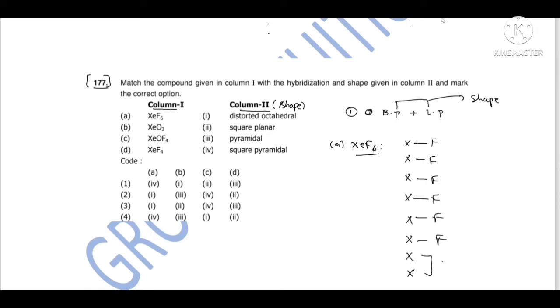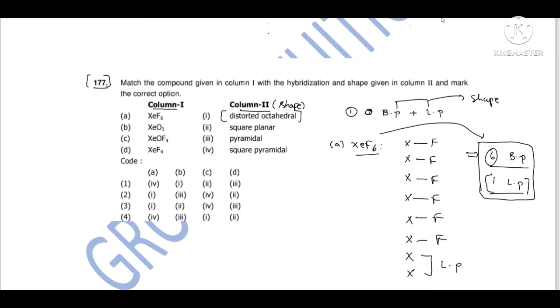We are left with one lone pair of electrons. We conclude that here 6 bond pairs and one lone pair are present. We can easily conclude the shape of the structure is distorted octahedral. Why? Because there is a distortion, that means a disturbance has occurred in the octahedral. That's why this structure is a distorted octahedral.